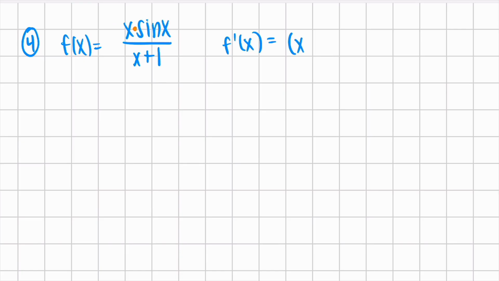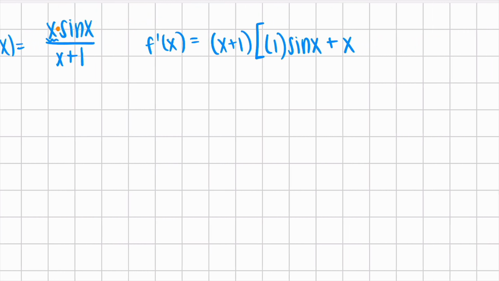I'm going to do low, so x plus 1. Now I'm going to do d high, and keep in mind that d high is going to be my product rule. So I'm going to take the derivative of the first function, x. Derivative of x is 1. Keep the second function, I'm keeping sine of x, plus keep the first function, x. Derivative of the second function, derivative of sine of x, is cosine of x.